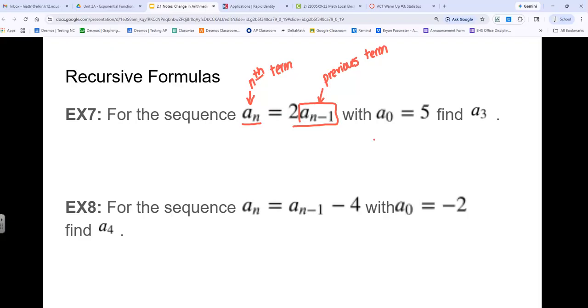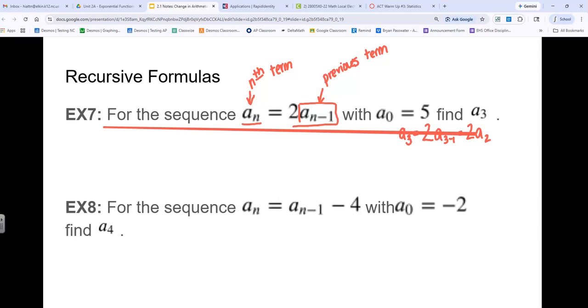So, in this case, I need to know a sub 3. But if I try to do a sub 3 right now, I'll get 2 a sub 3 minus 1, which is 2 a sub 2. Do I know what a sub 2 is?